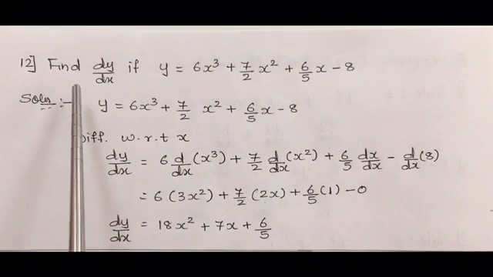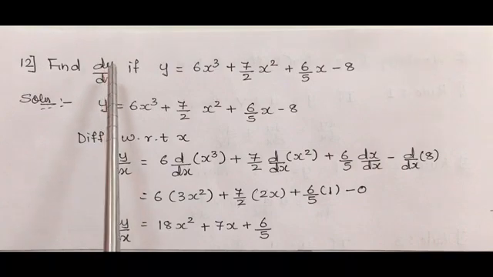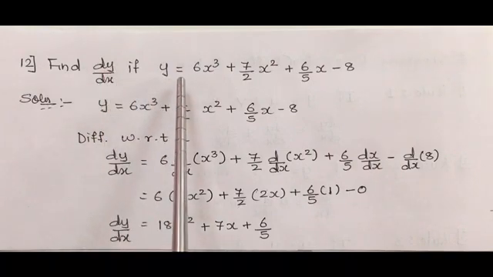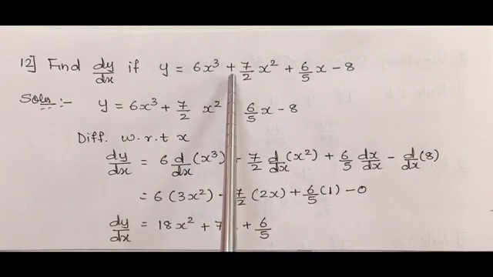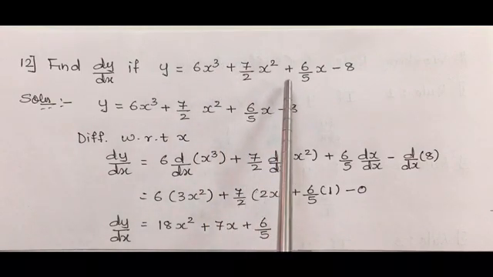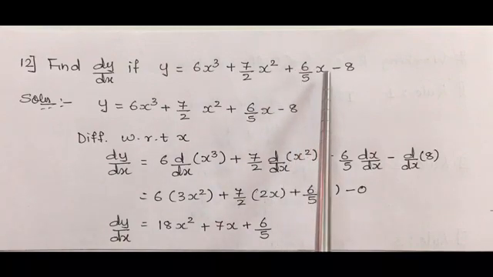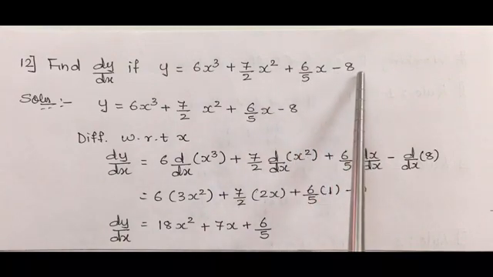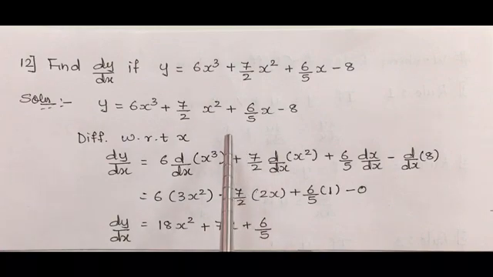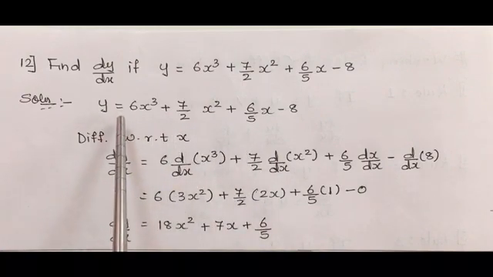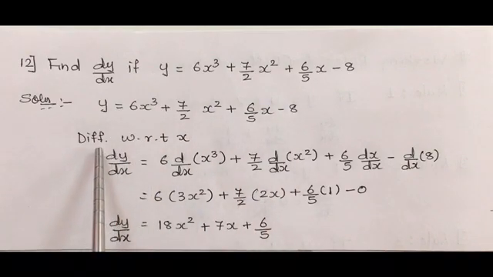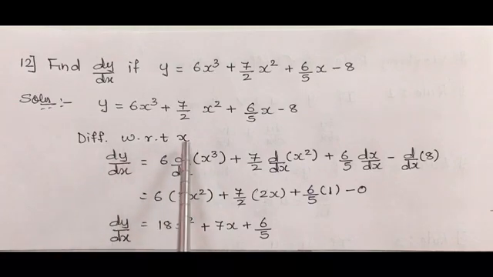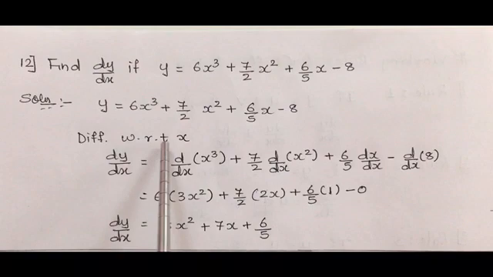12th one is, find dy by dx if y is equal to 6x cube plus 7 upon 2 x square plus 6 upon 5 x minus 8. Now taking up y, differentiating with respect to x. So this is a short form of writing it, differentiate with respect to x.